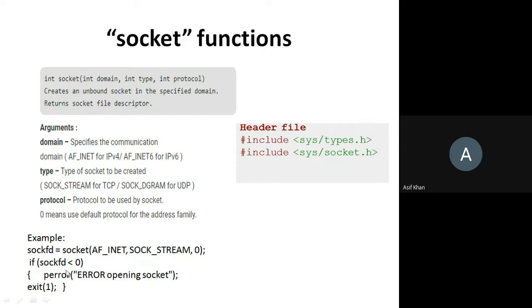So you check here whether it is negative or positive. If negative, you just print this error message and exit. This socket function is used to create the endpoint. After you create the endpoint, it will be accessed using this integer value, which is stored here in sockfd. That same value is used to access or reference the endpoint.